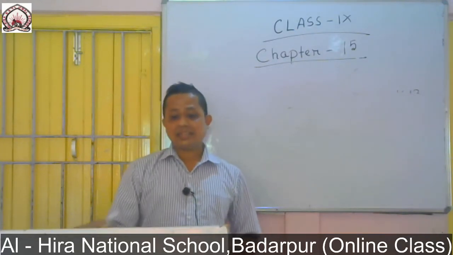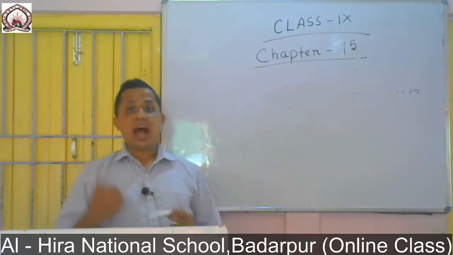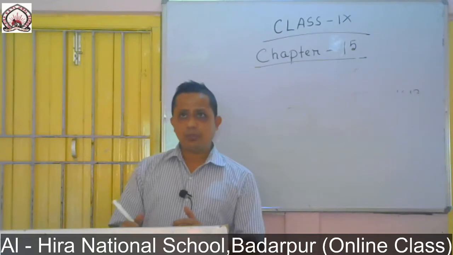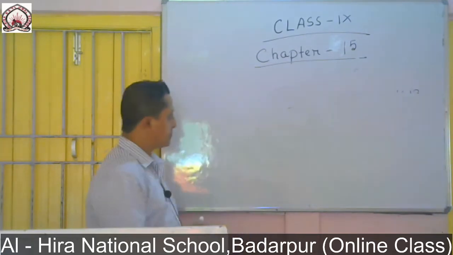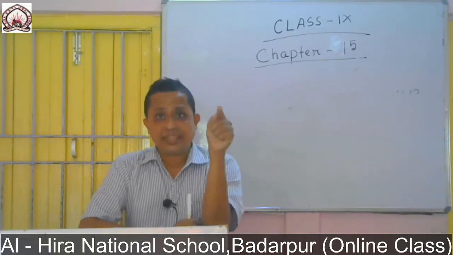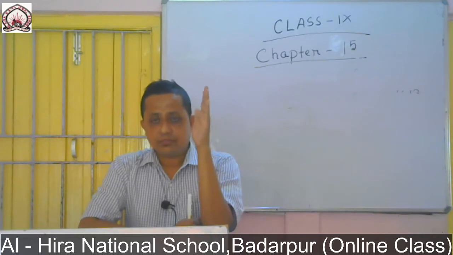Now, what are data type modifiers? Data type modifiers mean how you can modify a data type. For example, you can see on page number 284 a chart of the fundamental data types.